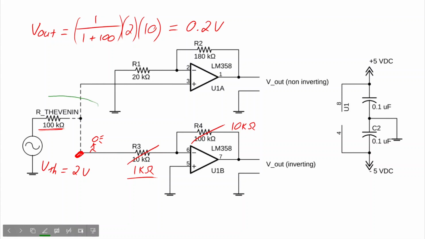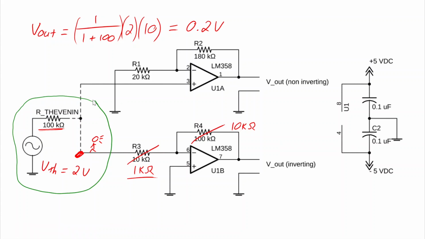Do remember that this Thevenin circuit is a stand-in representing a sensitive sensor. For example, maybe you used a chain where you had a sensor, an op-amp buffer, and then a microcontroller. If you used the wrong op-amp configuration, you've destroyed the integrity of that system.